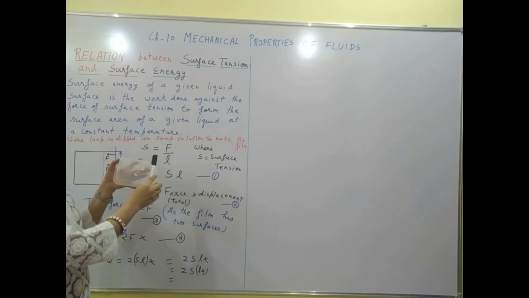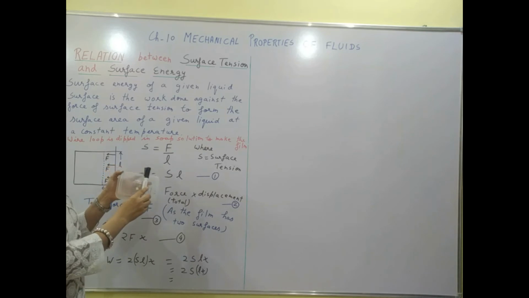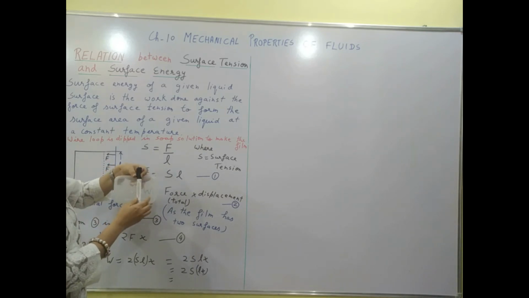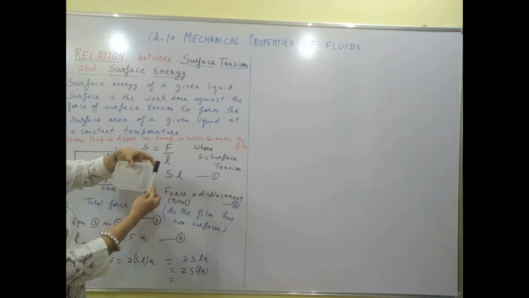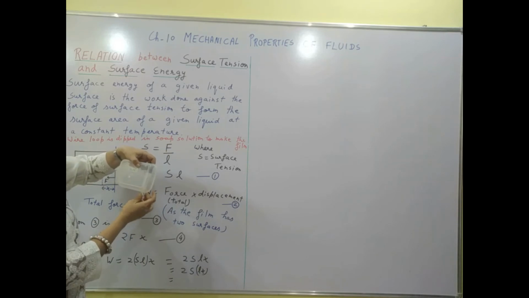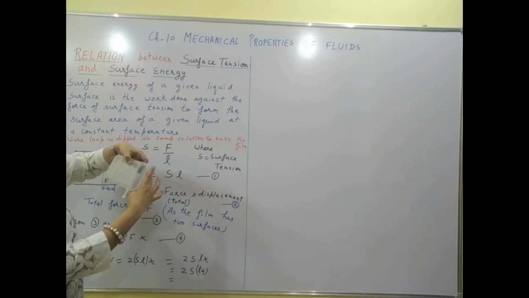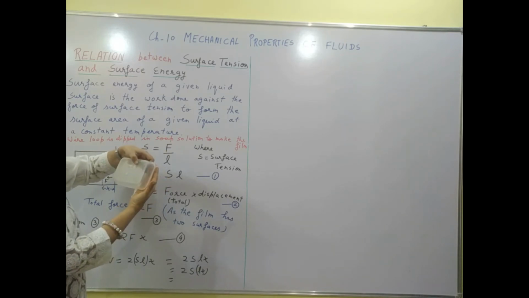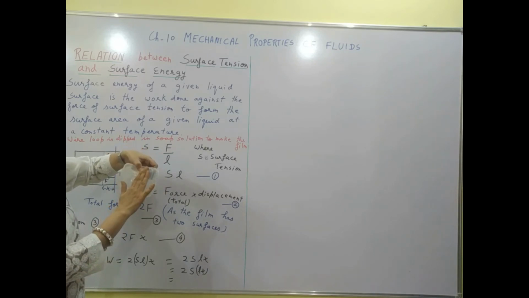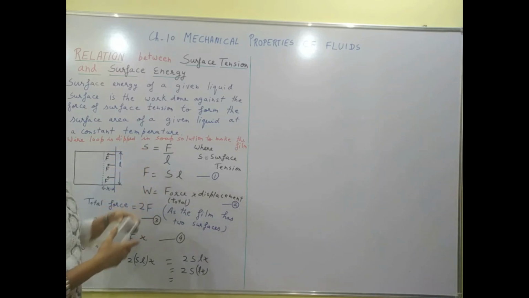When this movable arm is moving like this, then this l into x will be the change in area for this side, and for the opposite side also the change in area will be x into the length. So here change in area is lx, here change in area is lx. So what will be the total change in area? This will be 2 times lx.